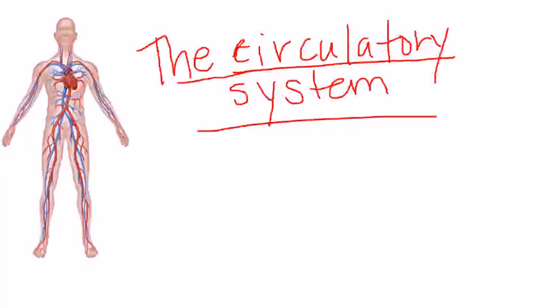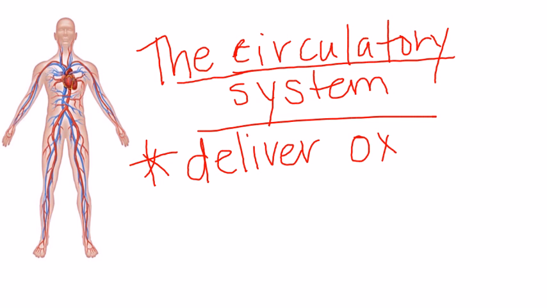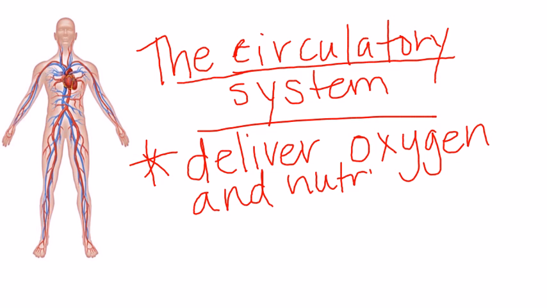So the circulatory system is the system in the body that's responsible for moving blood that's rich in nutrients and oxygen all around the body and returning it back to the heart. There are two main components, or two main functions. One is to deliver oxygen and nutrients to each of the cells.